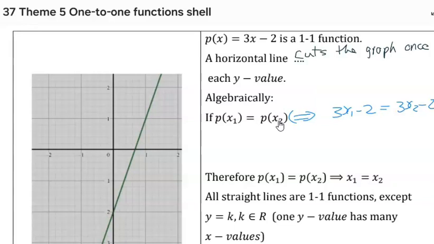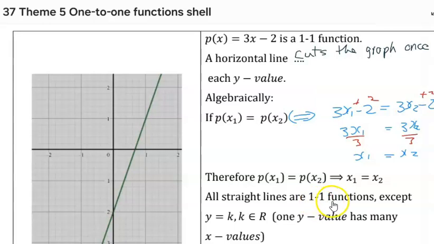So now I can just add 2 to both sides. Then I get 3x1 is equal to 3x2. And if I now divide both sides by 3, then I get x1 is equal to x2. That means that if I start with two equal y values, then the x values are also equal.